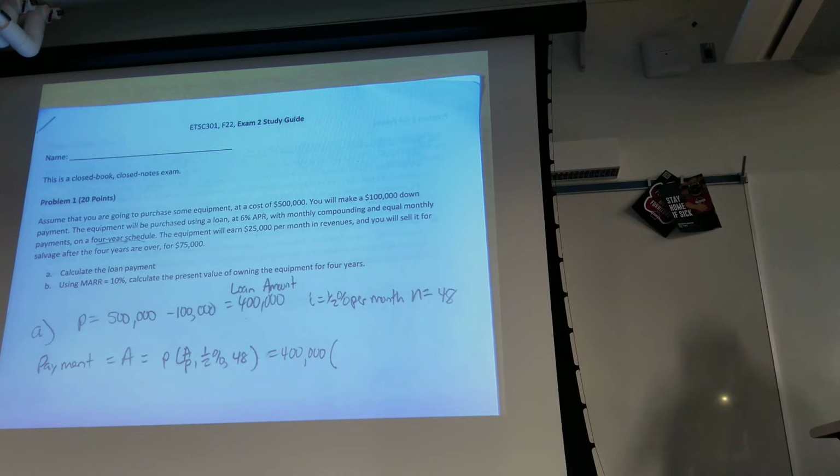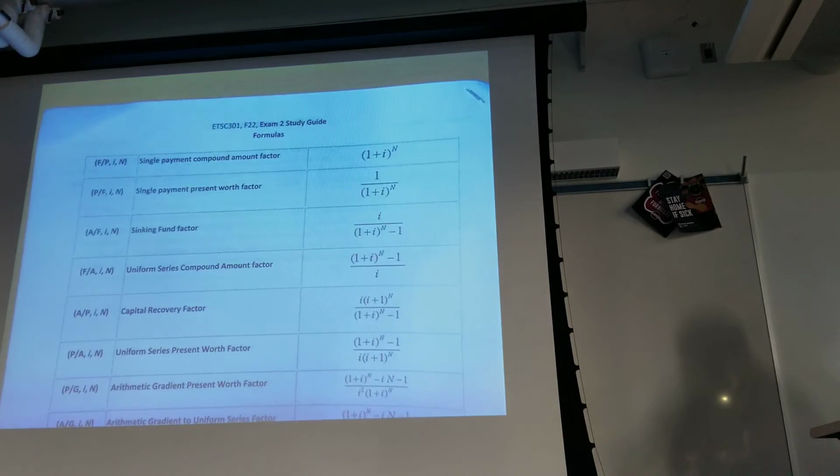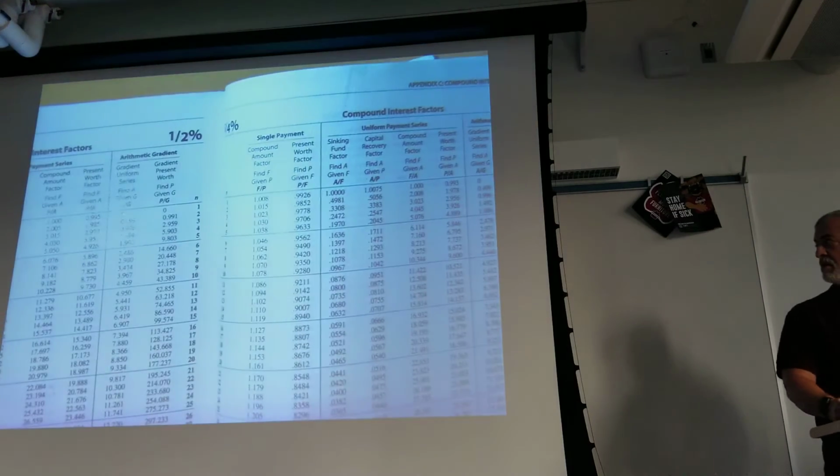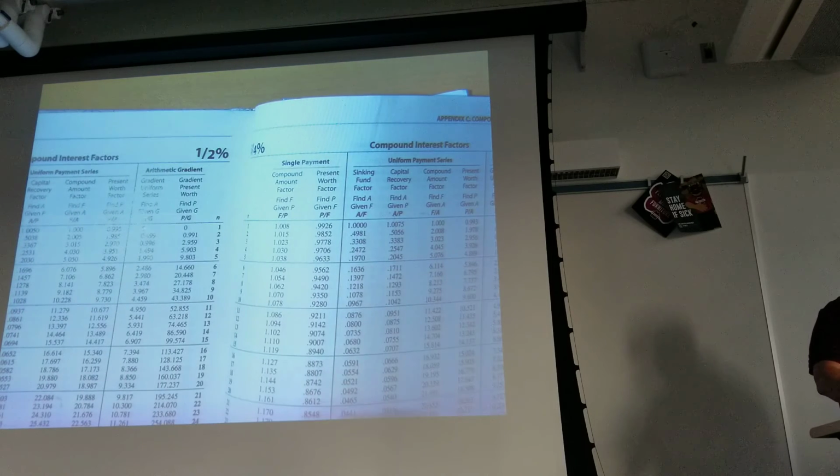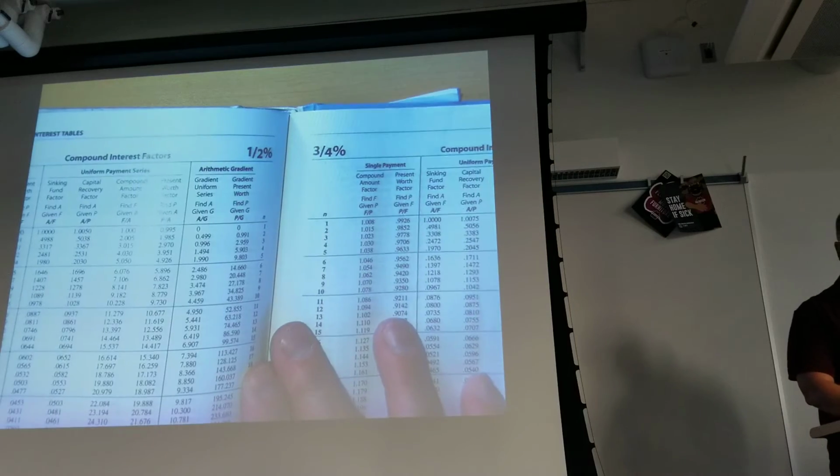On the test, you'll have this formula sheet, and I'll give you a photocopy of this, the whole appendix, all the tables. But I want you to hand those back because we were using them every time.